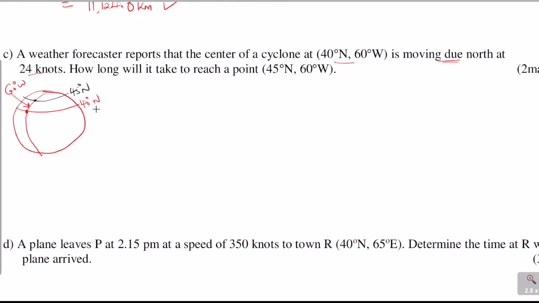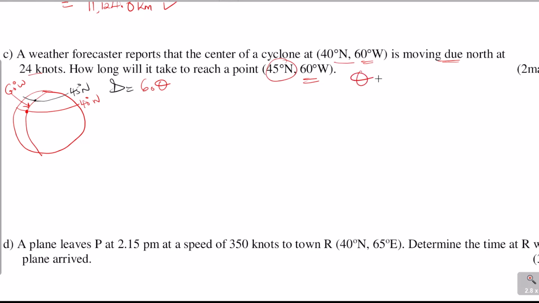So how do you get the distance along the great circle in nautical miles? The distance along the great circle in nautical miles is given by 60 theta, whereby theta will be the latitude difference. You can see both of them are on the same longitude, so we get the latitude difference.